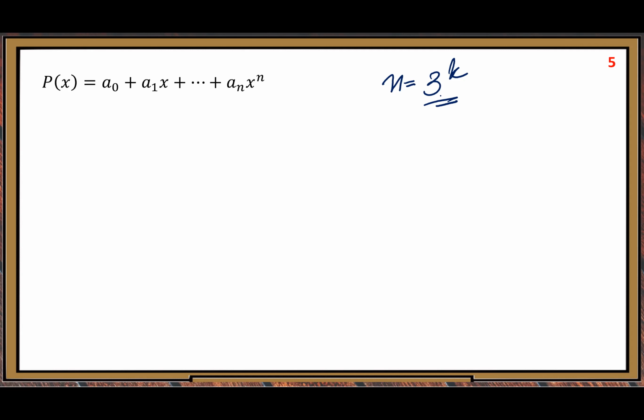This time repeated squaring may not be better than cubing. So in order to show you the difference, let us consider n equals 9, 3 squared.